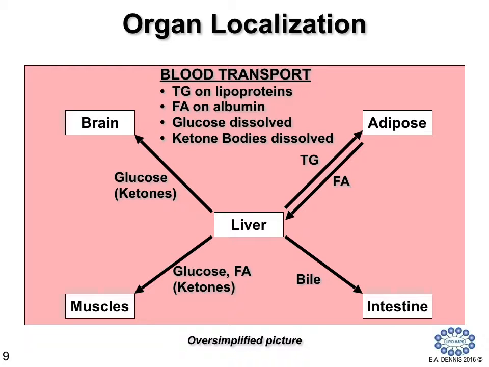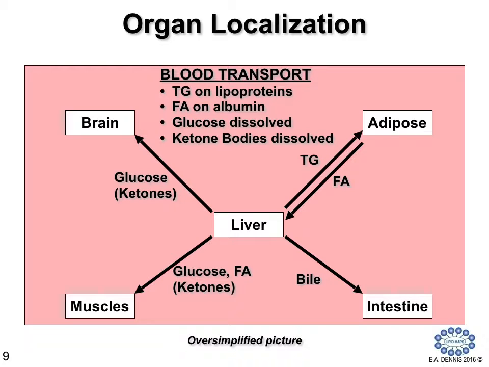The blood is an important organ because it transports and contains the triglycerides as part of lipoproteins. The fatty acids are generally bound to albumin, where they travel around the bloodstream.